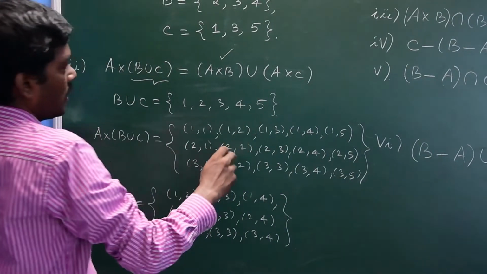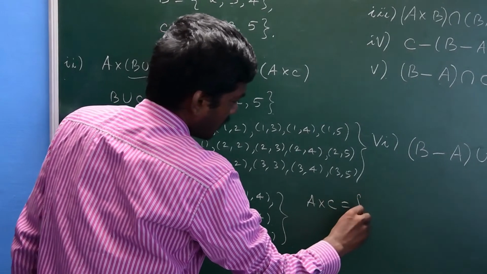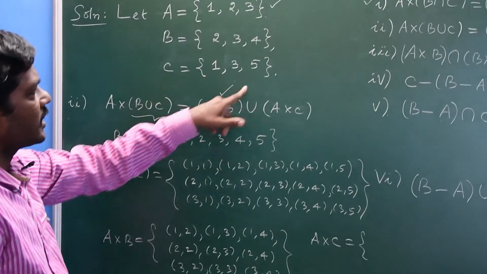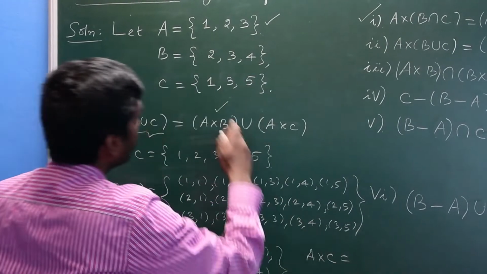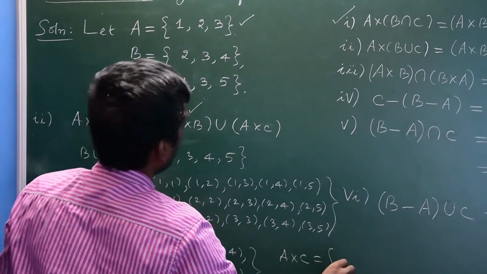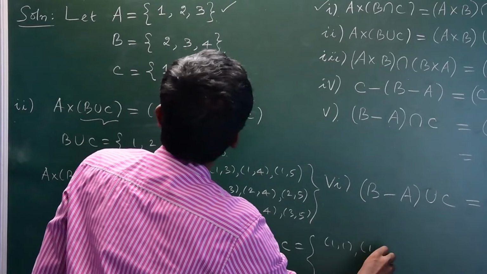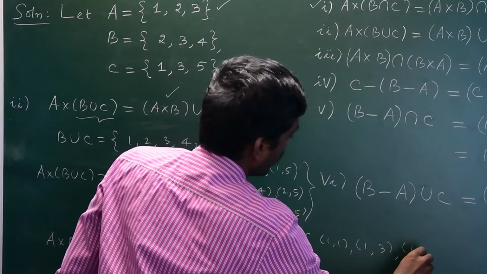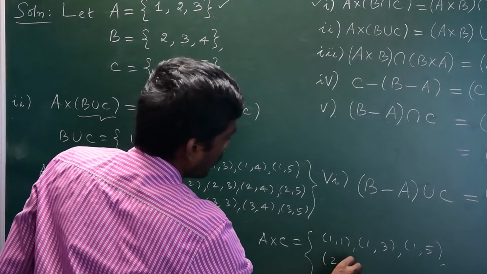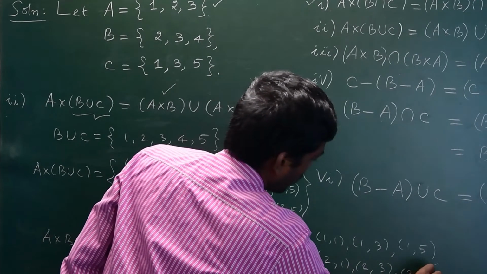And what is A cross C? Of course, when you look at it, A has 3 elements and C has 3 elements. Now if you find the Cartesian product, it will have 9 elements, namely (1,1), (1,3), (1,5), and then (2,1), (2,3), (2,5).